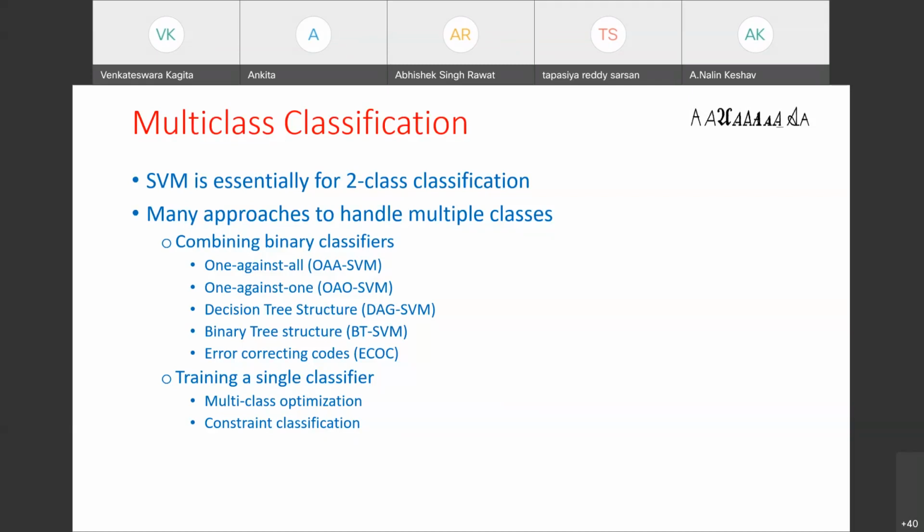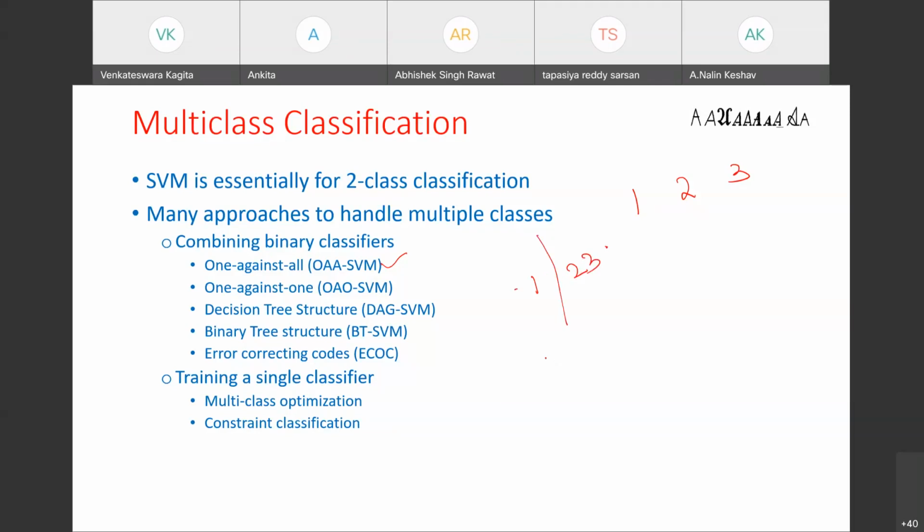Suppose I have three classes. More than two classes is a multi-class classification problem. So one against all is learning one classifier between 1 and 2, 3. So 2, 3 is taken as one class, 1 is taken as another class, and it learns a classifier between them.